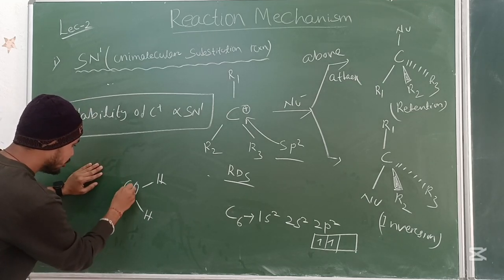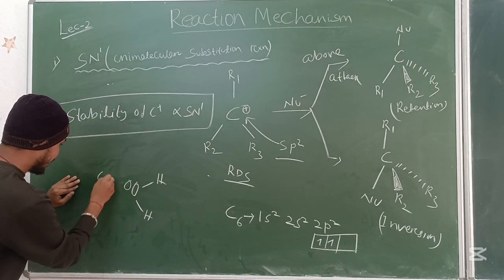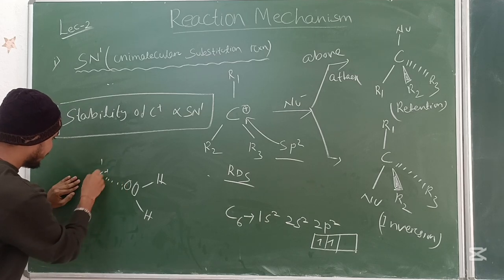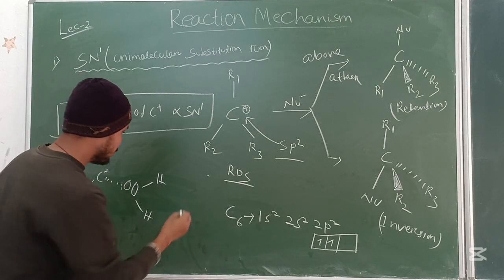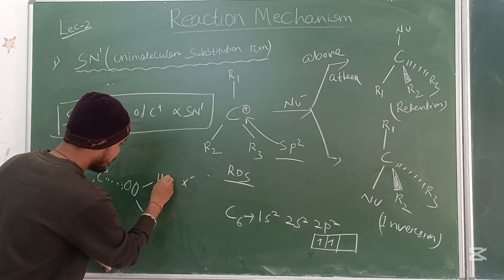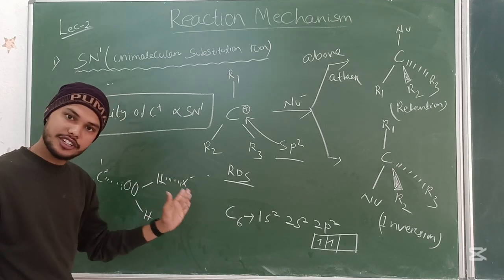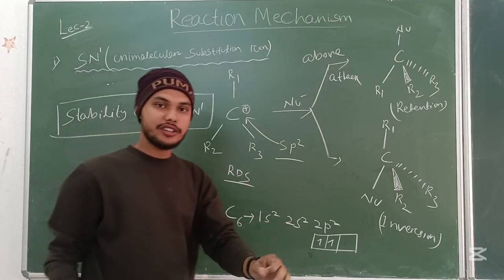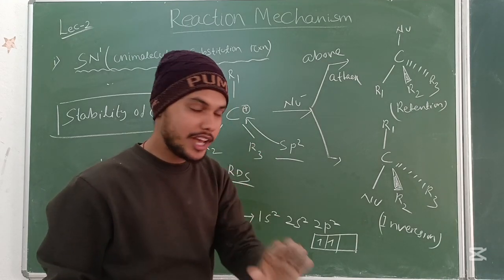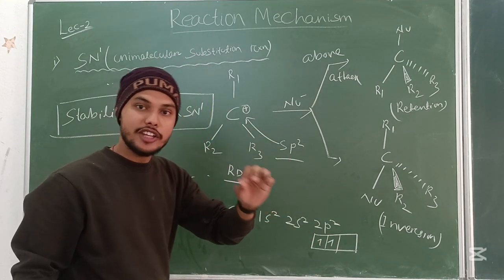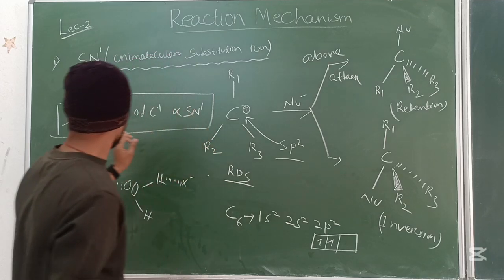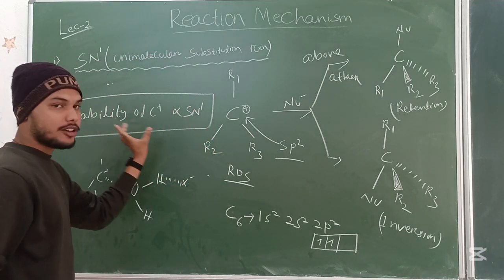The lone pair on oxygen will stabilize the carbocation by coordination, and the leaving group will coordinate with hydrogen. It will also be stabilized, so the polar protic solvent is used to stabilize both the carbocation as well as the intermediate.